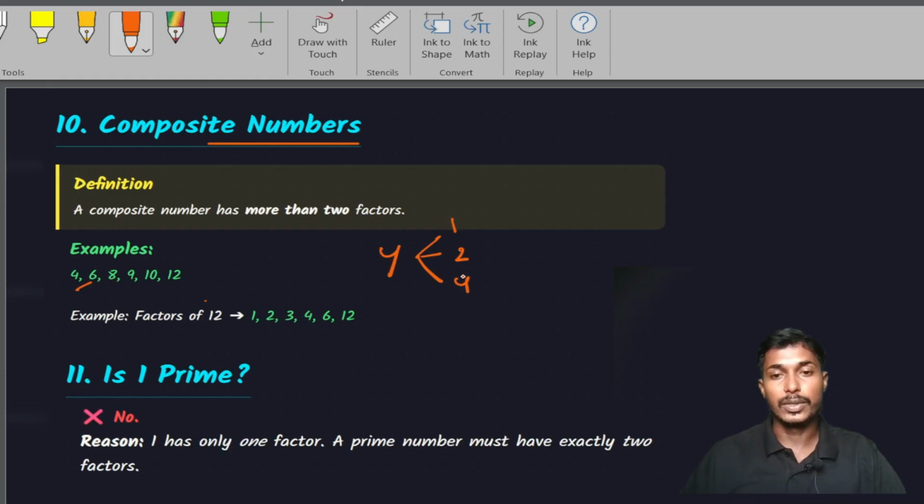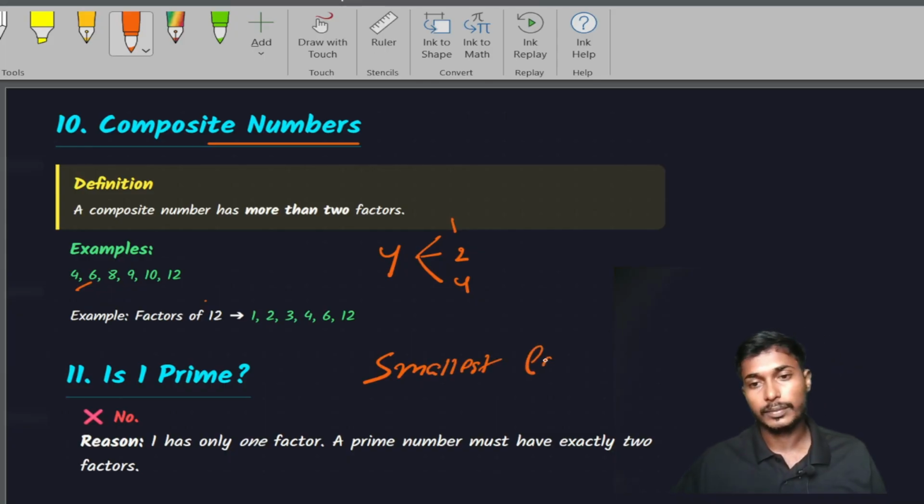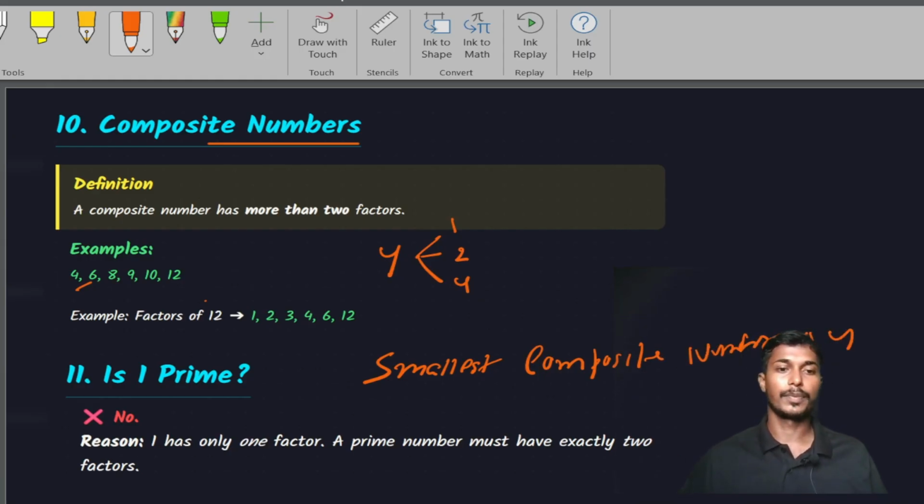So there are three factors of 4, so it's a composite number. Now, what is the smallest composite number? The smallest composite number is 4.